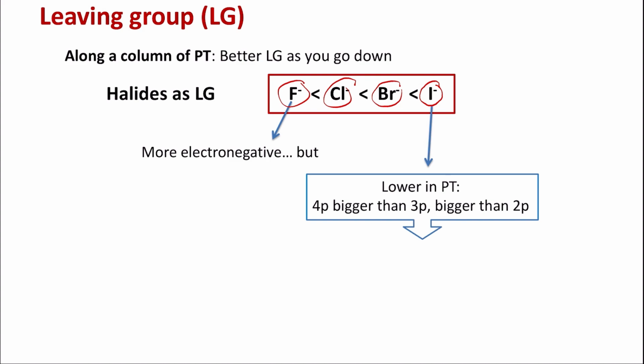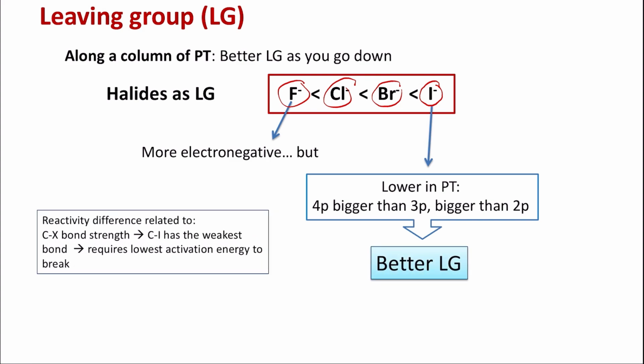So it's more polarizable and more easily broken compared to the carbon-fluorine bond. So it's a better leaving group. We now know that reactivity is related to the strength of the carbon-halide bond.